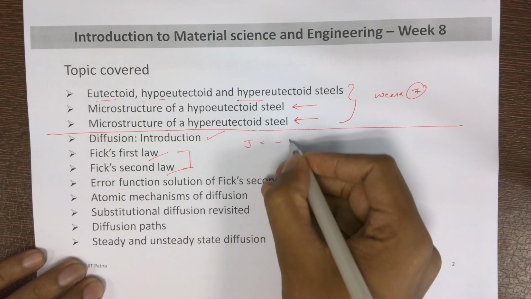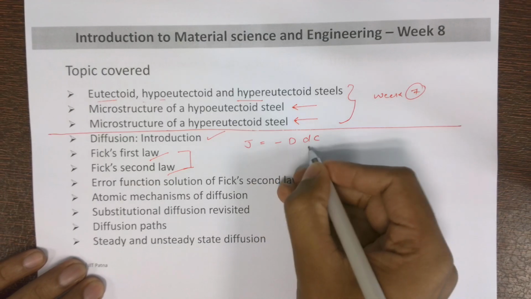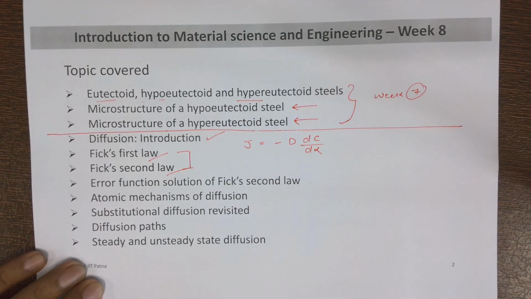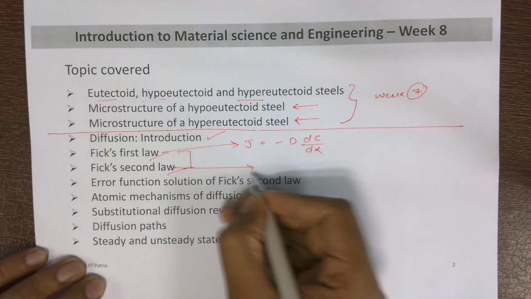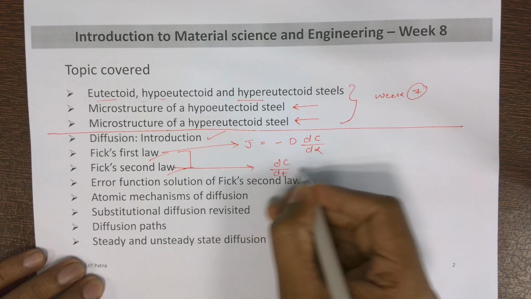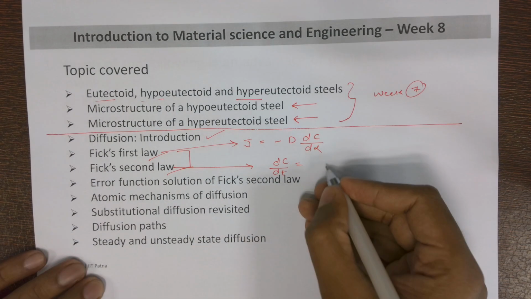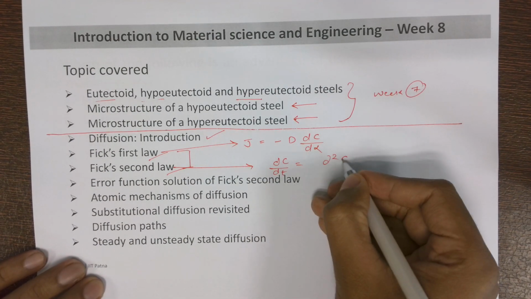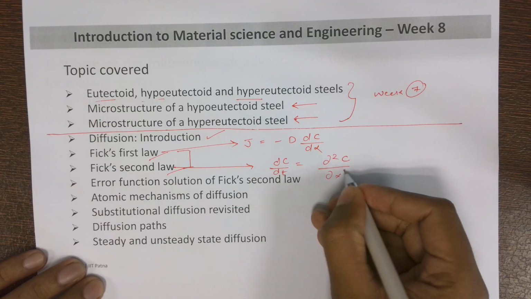Flux is negative of D dc over dx. This is Fick's first law we have. And the second law, we know that it's relating how the concentration is changing with time. It's relating the rate of change of concentration with the spatial variation.